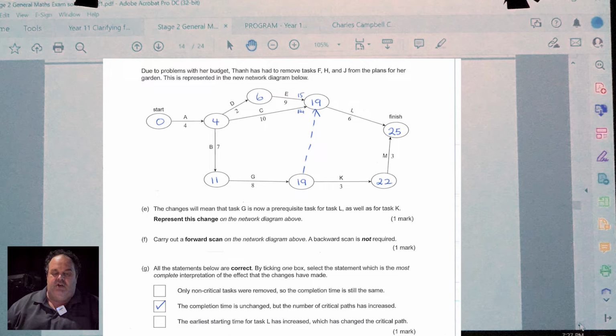If the student didn't do parts E and F, they can't actually just have a guess for part G. If they did part F incorrectly, the answer they give in part G has to reflect their incorrect answer in F. So if they went, oh yeah, this doesn't change, I'm going to tick that, but their answer doesn't indicate that in part F, they don't get the mark because it has to be correct for what they've done.